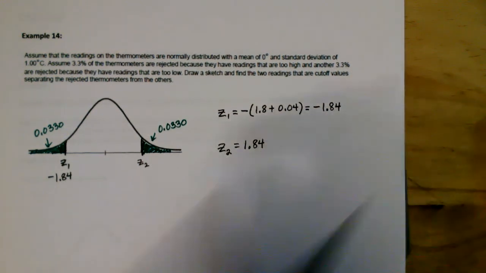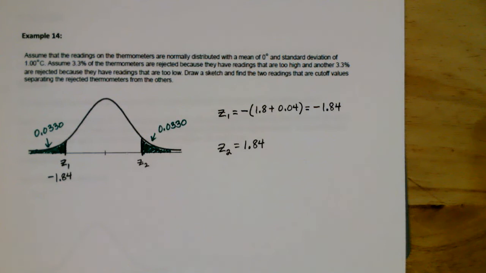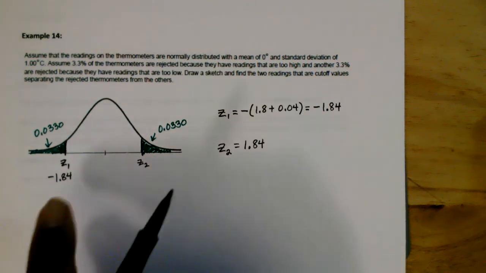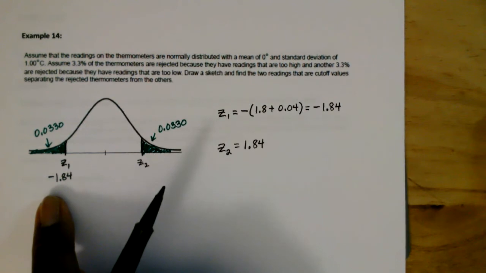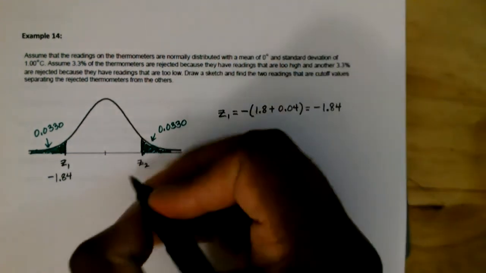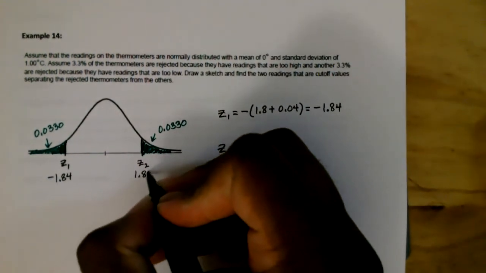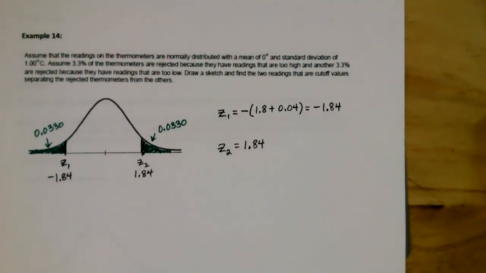And you'll see that it's going to be 1.84. So in this case here, if it has a reading that's less than negative 1.84 or a reading greater than 1.84, then those thermometers would be rejected.